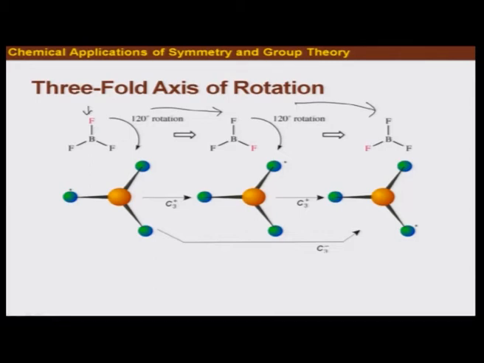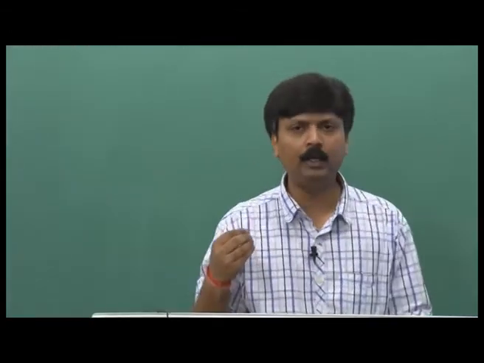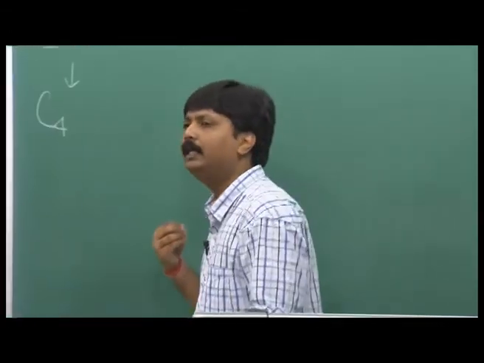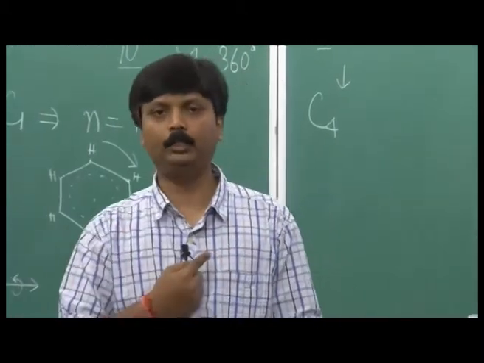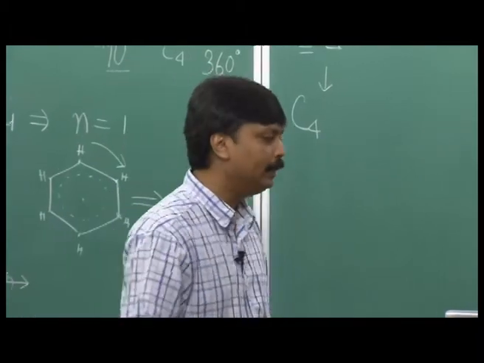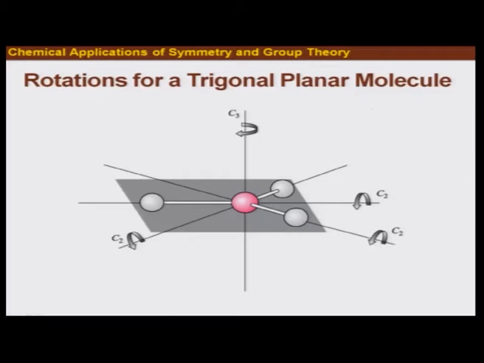Now we have been talking about only one particular axis about which I can have a proper axis of rotation. Now it is not necessary that in a particular molecule we have only one type of axis of rotation. So here is one example when you talk about a trigonal planar molecule.